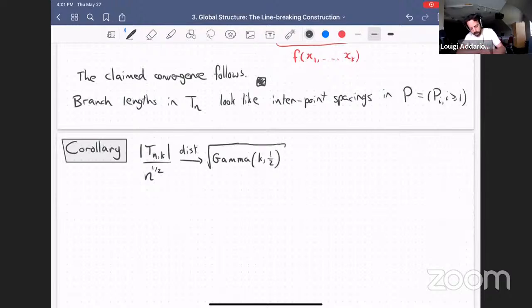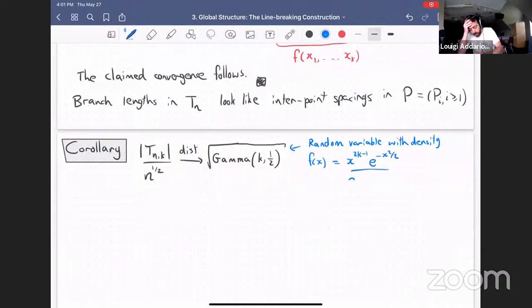So I'll just tell you exactly what this means. It's a random variable whose density is given by x to the 2k minus 1 e to the minus x squared on 2, divided by 2 to the k minus 1 factorial, on the non-negative line.